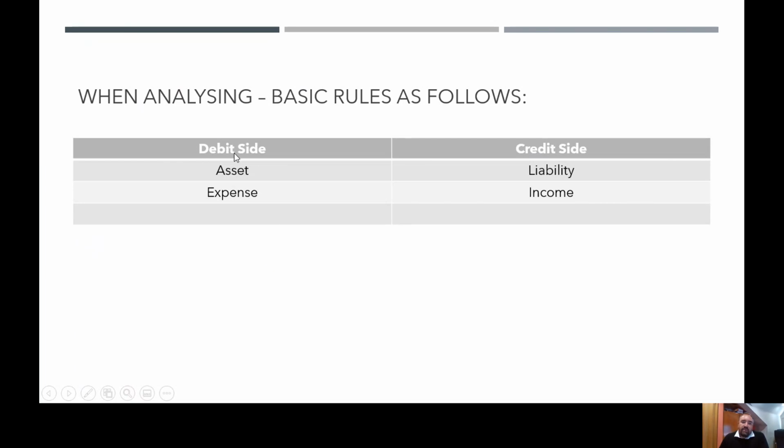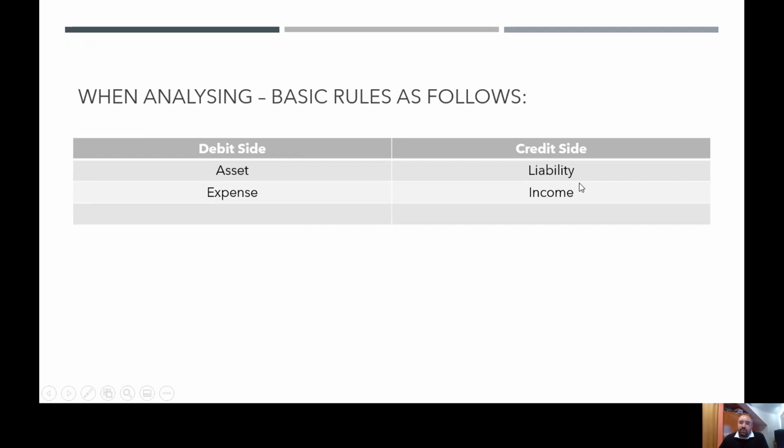If I have a debit balance, then it is definitely either an asset or an expense. That means either I will in future receive money or economic benefits, or it's an expense account. If I'm never going to get the money back, it's an expense.